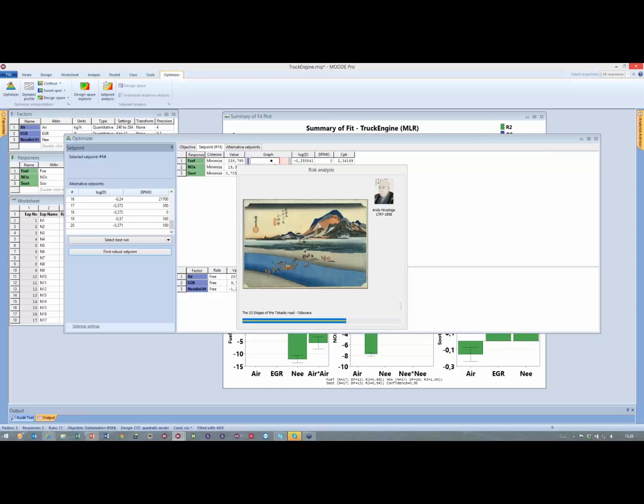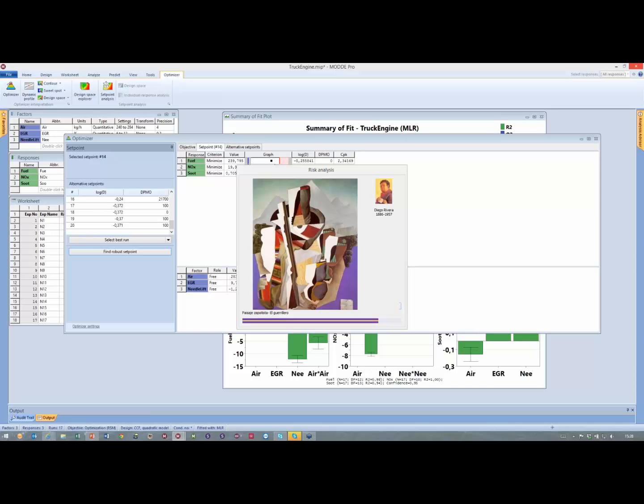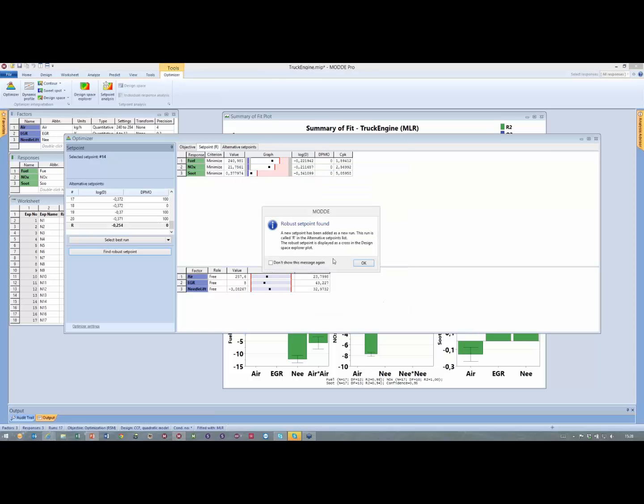If the model finds a robust set point, which it did when I was rehearsing this earlier today, it will give a sign and it will add that set point to the list of possible set points and use the uppercase R for robust.